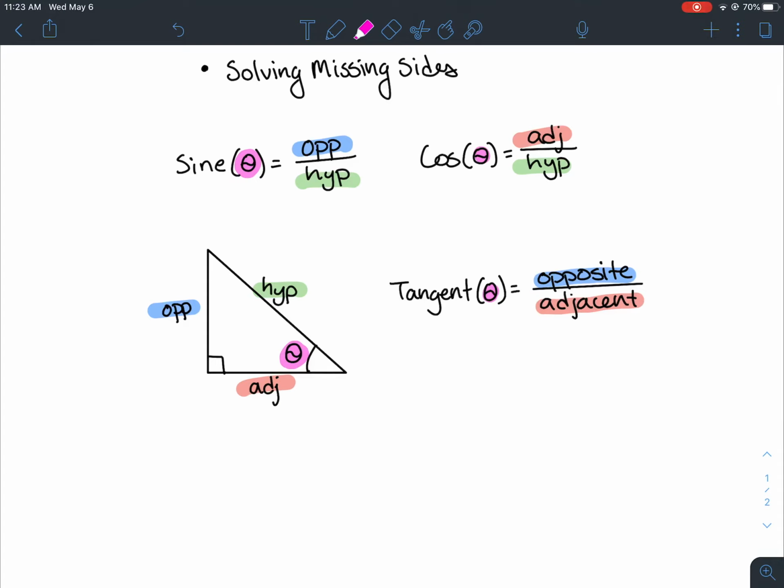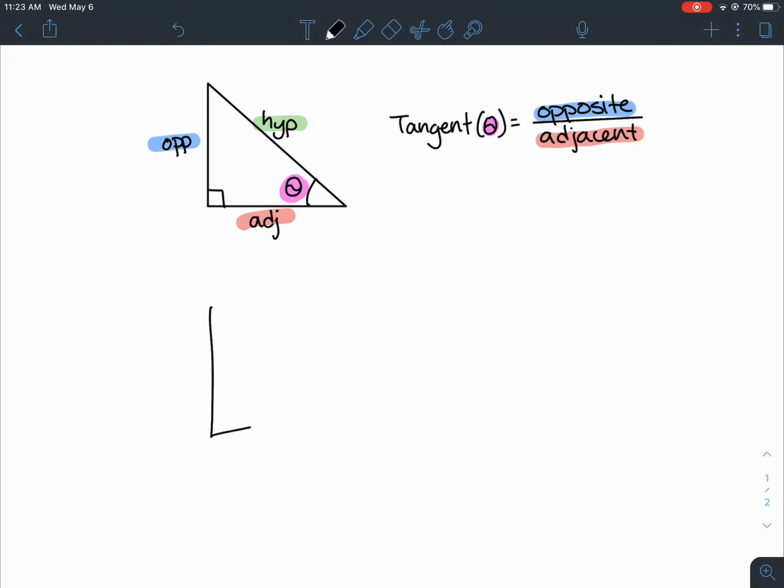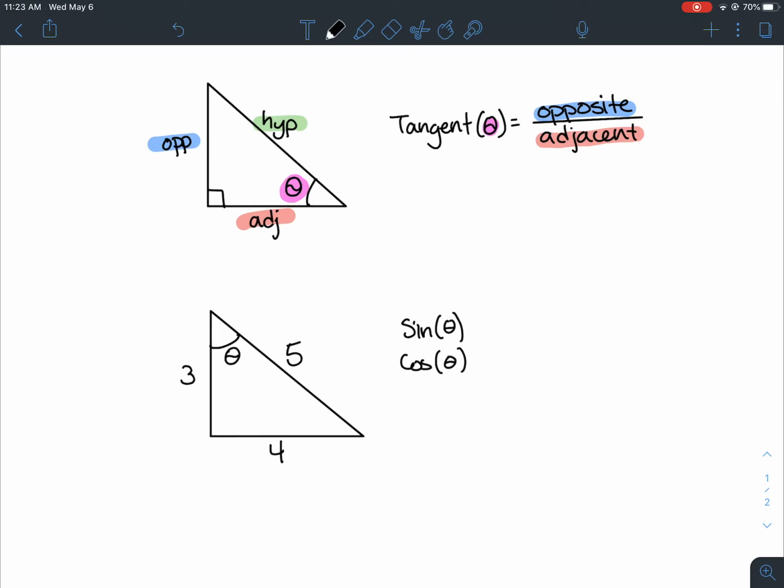So there's three different ratios, and so we can just take a look at one triangle here. So for instance, if this was side 3, 4, and 5, and let's say our reference angle was there, we could find the sine of theta, the cosine of theta, and the tangent of theta.